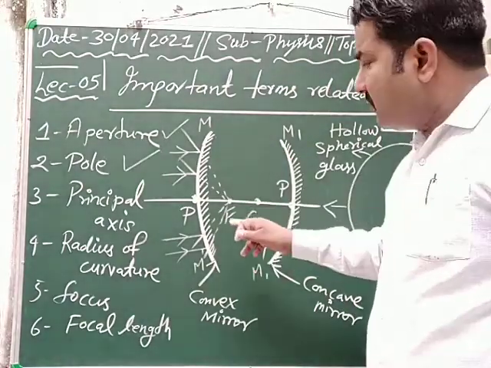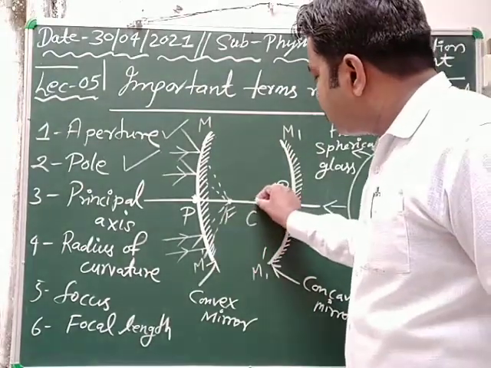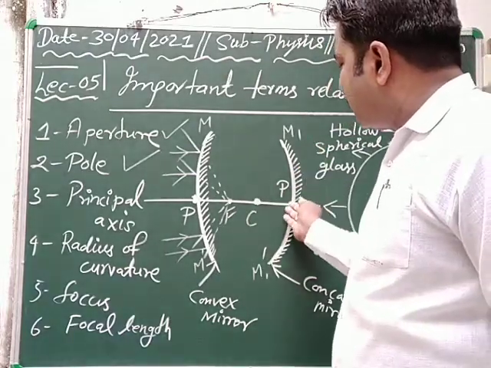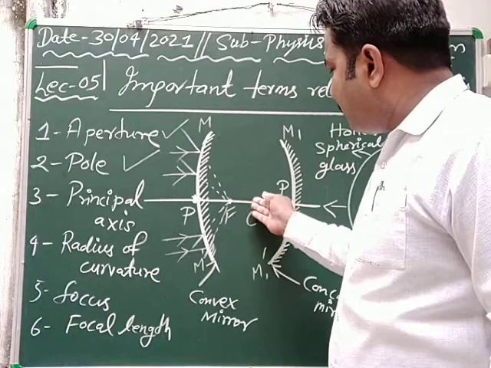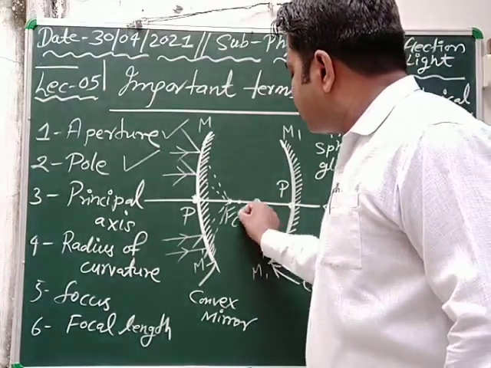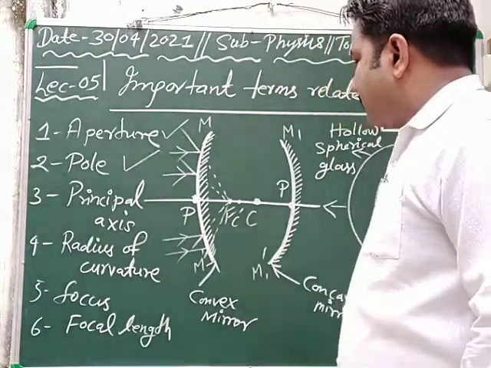That center is the center of curvature. And for this mirror also, this center lies some amount away from this C, towards the left, just like this one, C dash. Clear?